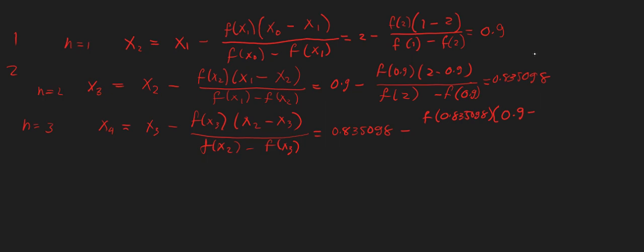Then you subtract 0.835098. Then all over f of 0.9 minus f of 0.835098. Then calculate this again.